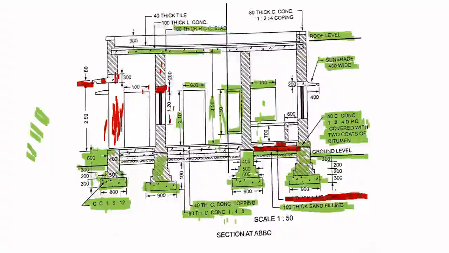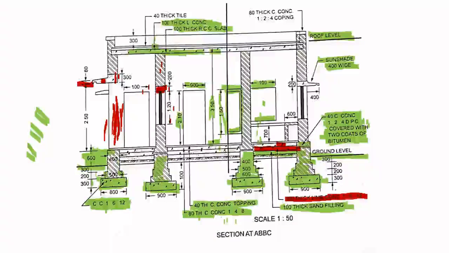RCC means reinforced cement concrete. CC means plain cement concrete. Now above this 100 mm, you have another 100 mm thick lime concrete.